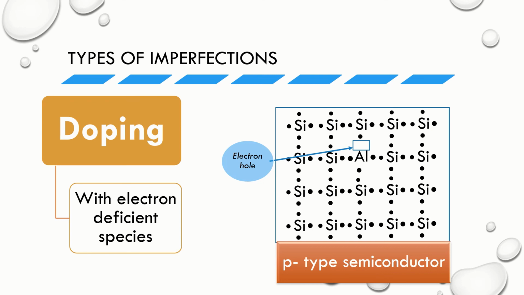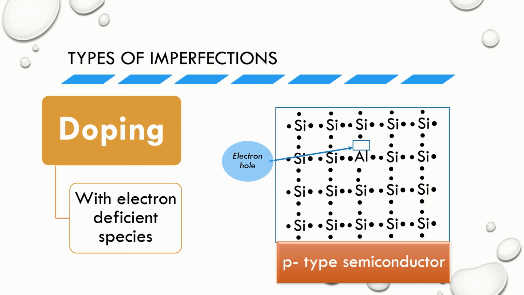An electron from the neighboring atom can jump to fill up this electron hole, but then an electron hole is created at the site from where the electron has jumped. As it continues, the electron holes will move in a direction opposite to the direction of flow of electrons.